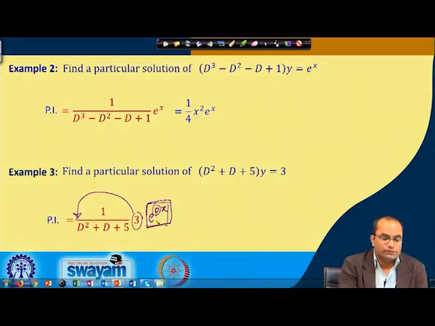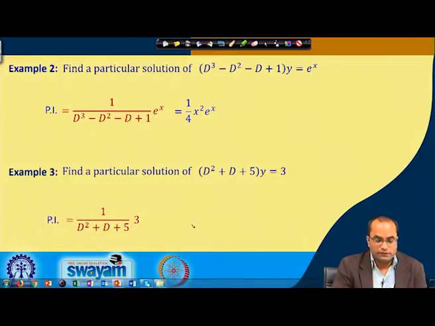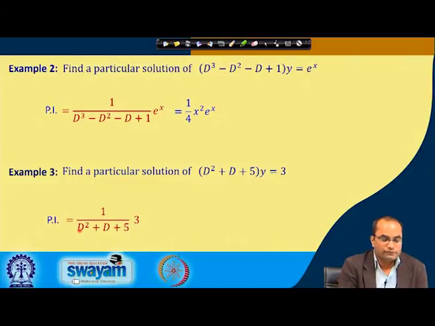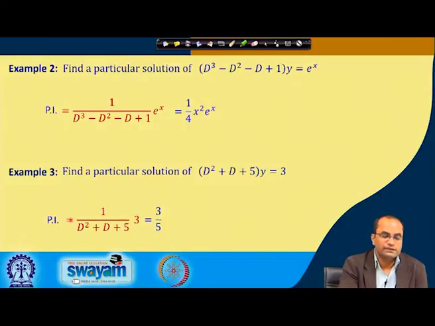So, this 0 will be substituted for this d here; the same formula for e power a x we have used. Doing this, the value will be 3, and then when we put d to 0, we will get 1 over 5 there. So, the value will be 3 by 5. Whenever we have a constant, that constant can be taken outside of this operator.